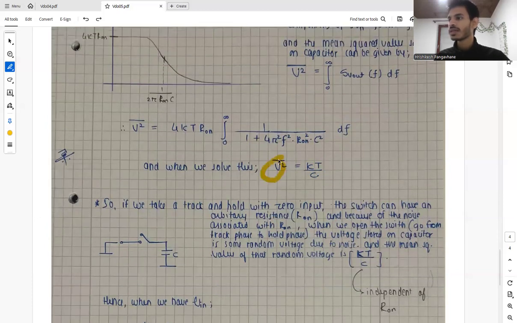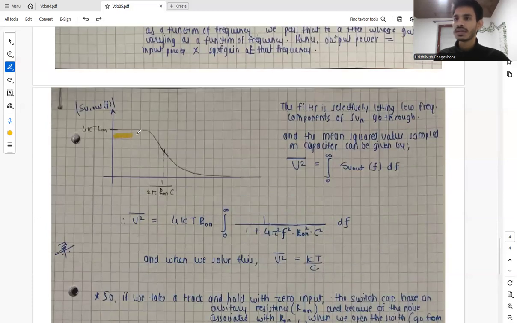So basically this mean squared value is the area lying under this curve. We have R over here also and R over here also. So this is representing the bandwidth and this is representing the amplitude. If the amplitude decreases, the bandwidth increases, and the curve looks like this.